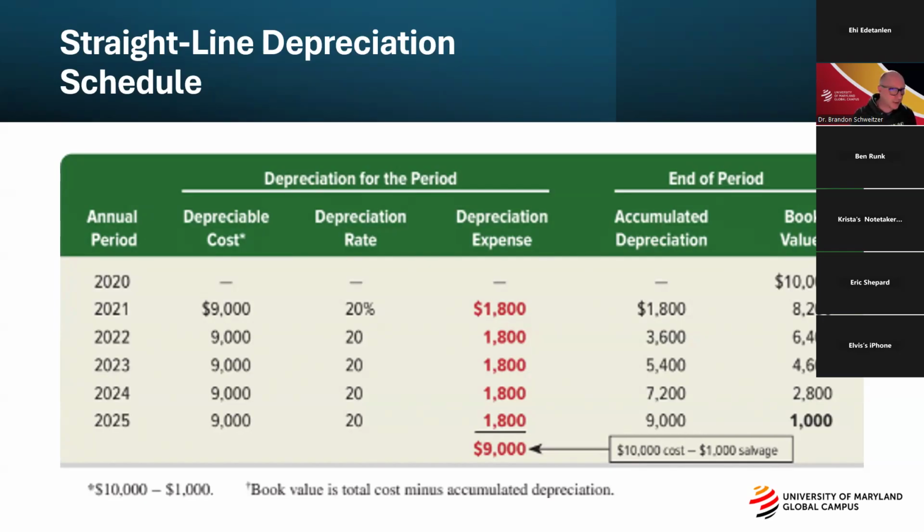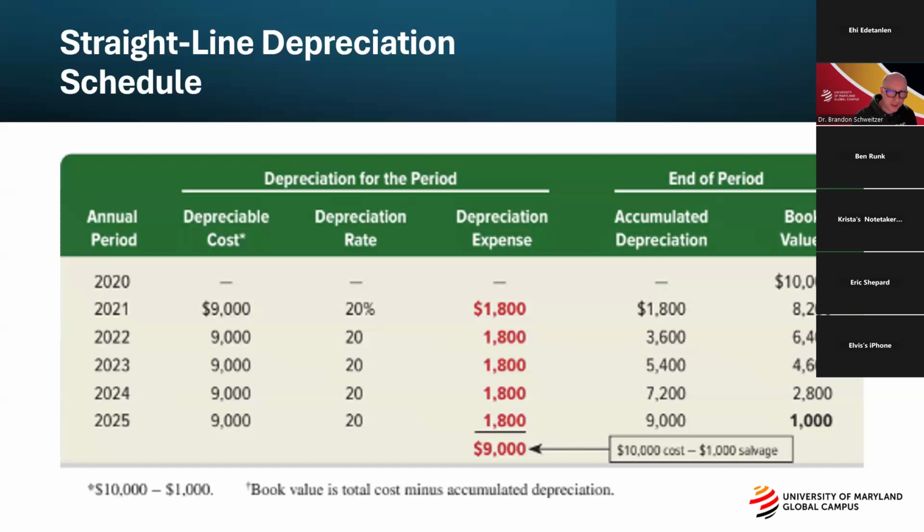So since it has a total depreciable cost of $9,000 and its expected life is 5 years, we know it's going to be $1,800 per year for that 5 years, which gives us a depreciation rate of 20% per year. Very straightforward. If we add up the depreciation expense for that 5 years, it equals the $9,000. That means it's been fully depreciated at the end of year 5.